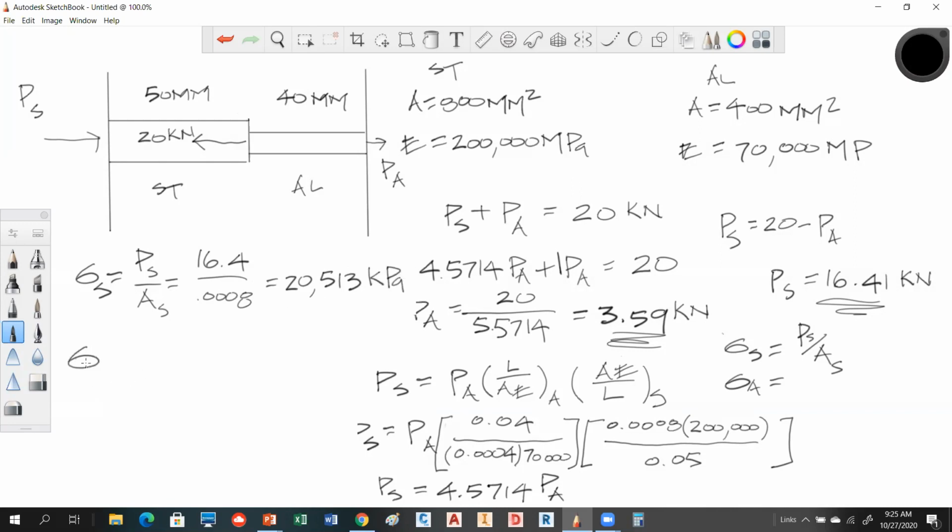And the stress of the aluminum is the force in the aluminum divided by its cross-sectional area. That's 3.59 divided by its area of 0.0004.